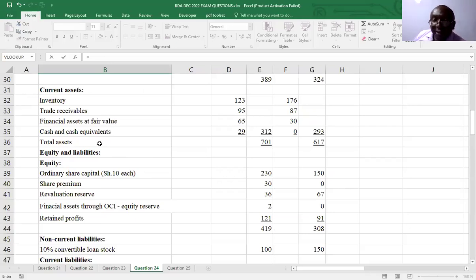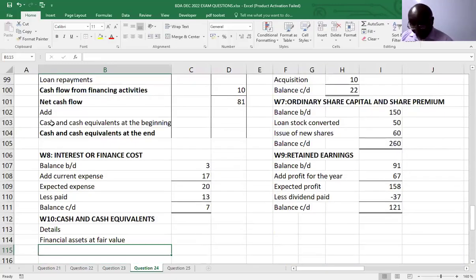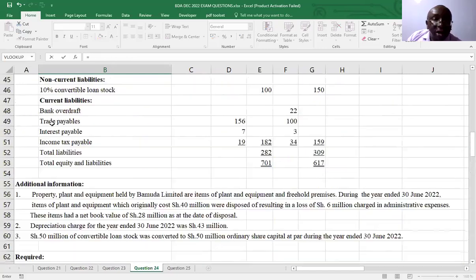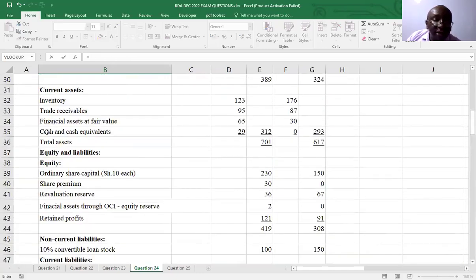So under the current assets, you remember when we were looking at the changes in working capital, tulichukua inventory, tukachukua receivables. But hatukuguza hii financial assets at fair value and this cash and cash equivalent. So I'll take this. It's one of the items. The next item that should appear there is the actual cash and cash equivalent.